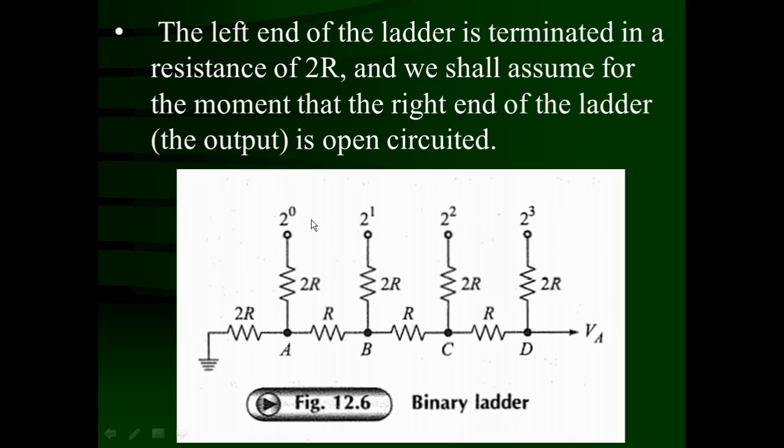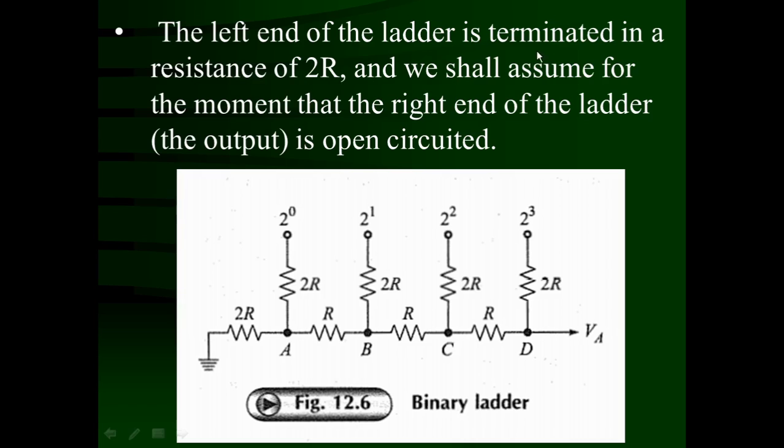These are the 4-bit digital inputs, and VA is the analog output voltage, which is going to be generated from different combinations of digital signals, from 0000 to 1111. There are 16 combinations. Corresponding to that, you will have an analog output voltage from 0 to a maximum voltage.